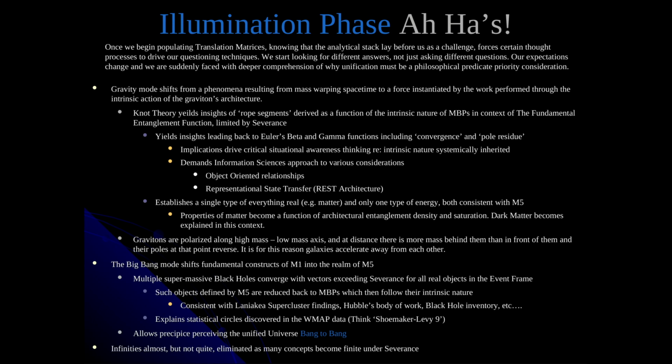We also know that the more distant a graviton is from its source, or where it is anchored to the high mass object, it tends to want to seek that high mass area that is now behind it because of distance.